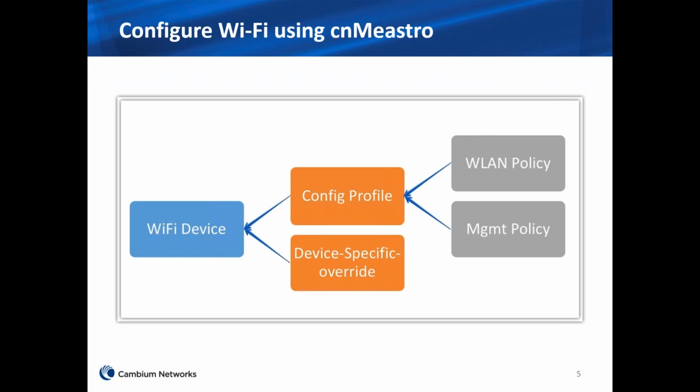For Wi-Fi configuration, you need to create, for each Wi-Fi device, a configuration profile, and there will be a device-specific override. And under the configuration profile, there are 2 policies. One is the wireless LAN policy, and the other one is the management policy.